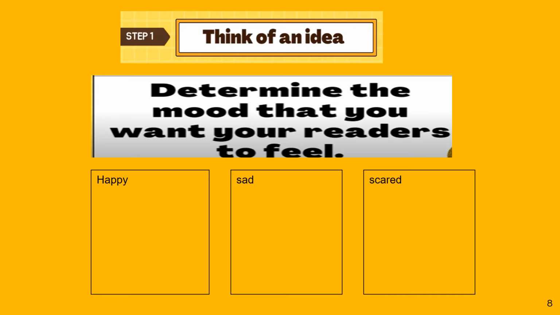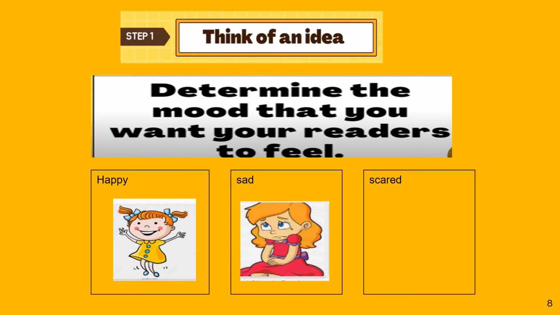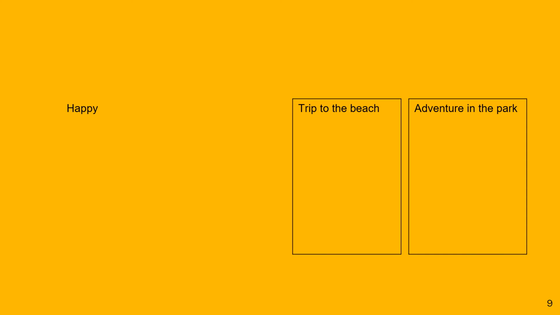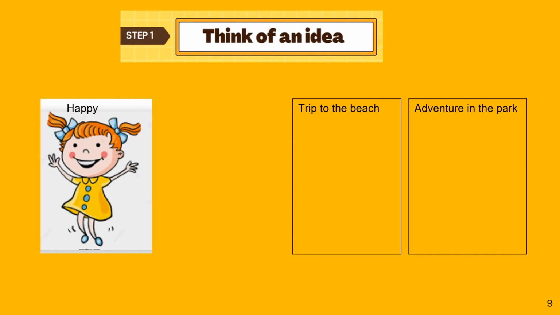To generate a good idea, you have to determine the mood that you want your readers to feel. It may be happy, sad, or scared. You can think of an event to support your happy feelings.